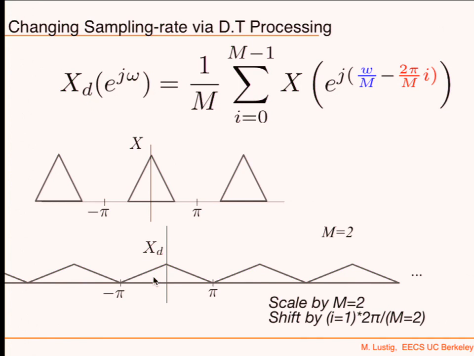Let's say I sample something at twice the Nyquist rate. If I sample something at twice the rate, it's going to have a spectrum that looks like this. If I sample it at the Nyquist rate, it's going to have a spectrum that looks like this. What did I get here? Exactly as if I sampled it at half the rate.